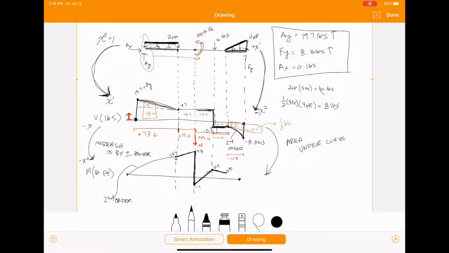To get from 11.8 to 0, up here we have a second order. So on our moment diagram, we have to increase by the power of 1. So we're going to have a third order. And again, it's going to be negative. And like I was saying before, those start to look all the same. So I just like to label that's a third order, just so you remember.